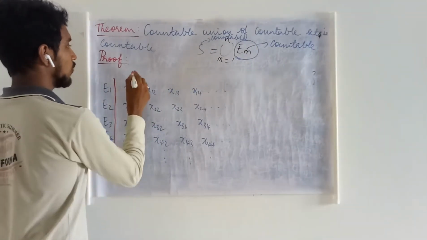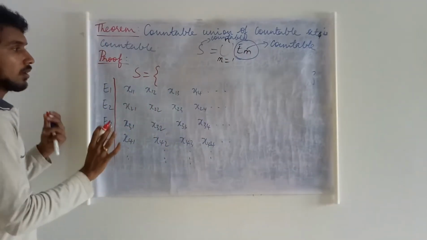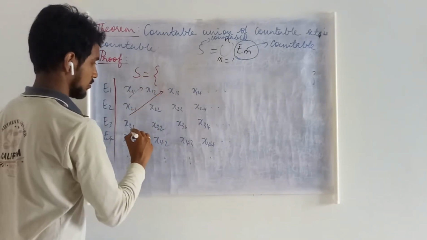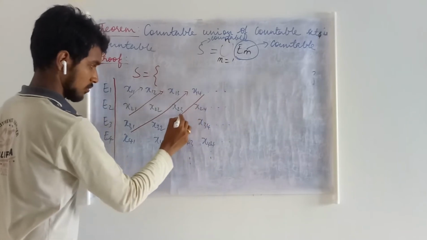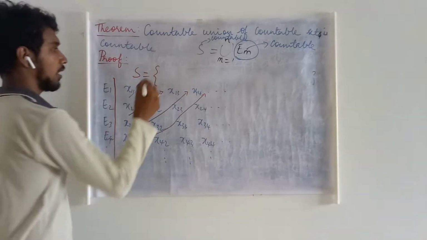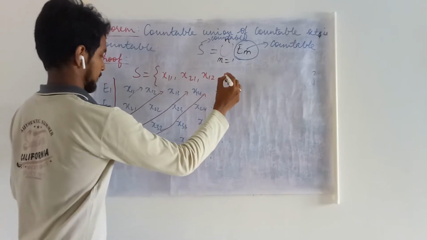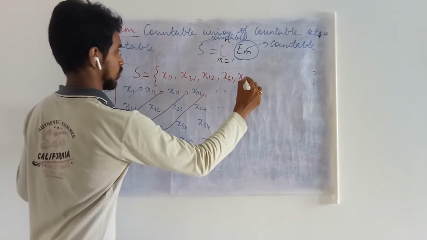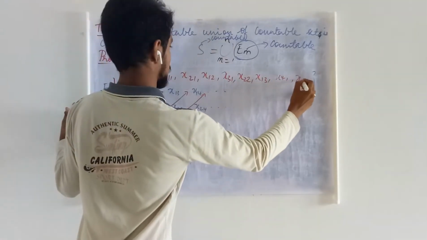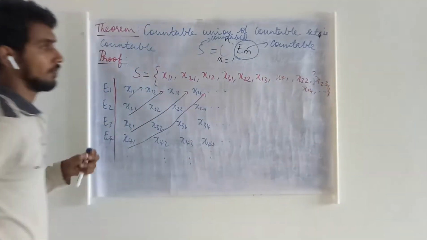So we are going to give the arrangement of elements in S. That arrangement is going to be done by drawing arrows like this. As indicated by the arrows, consider the elements in S: x41, x32, x23, x14, and it goes this way.